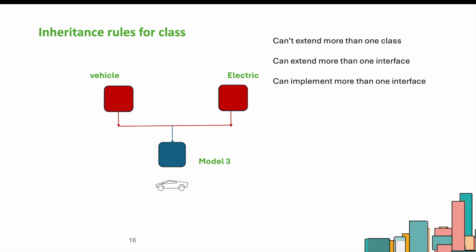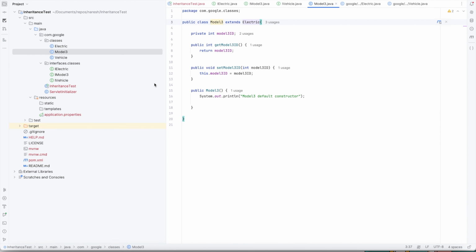Now look at the inheritance rules in Java for classes. In Java, a class cannot extend more than one class. If model 3 tries to extend vehicle and electric, that is a problem, which is not valid. It can extend either vehicle or electric. It cannot extend both. Let's look at the program.